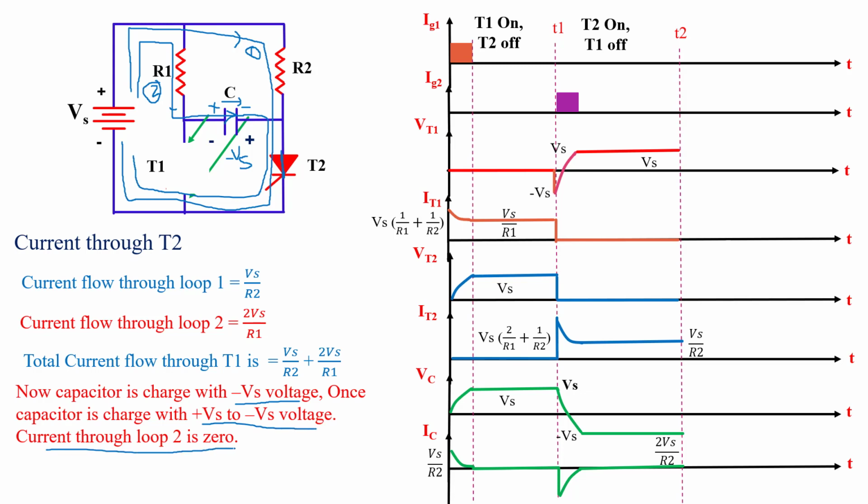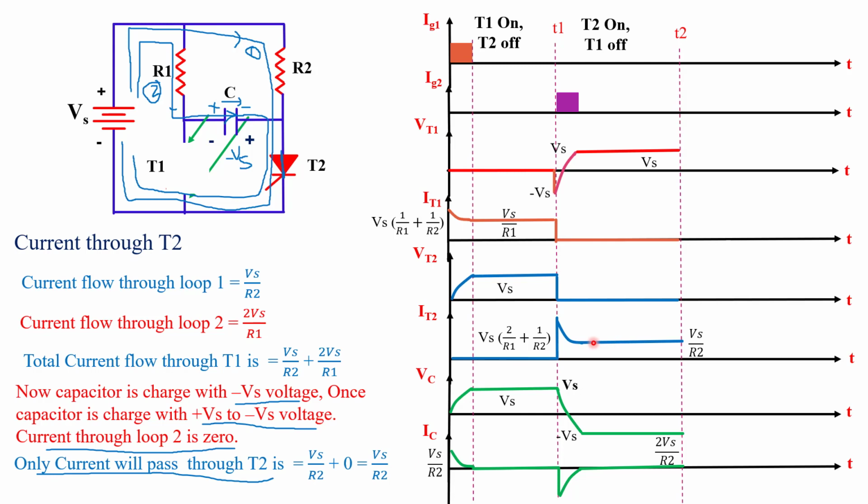Once the capacitor is charged from plus Vs to minus Vs voltage, the current through loop 2 becomes 0. This time the total current passing through the T2 thyristor is from loop 1 only, which equals Vs by R2. We see in the waveform that initially the current is maximum. When the capacitor starts charging with minus Vs voltage, the current across T2 decreases, and when the capacitor is completely charged, the current across T2 is Vs by R2.